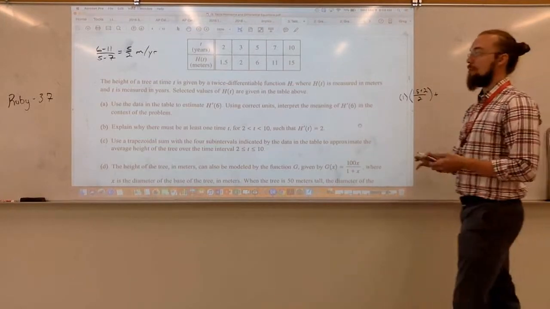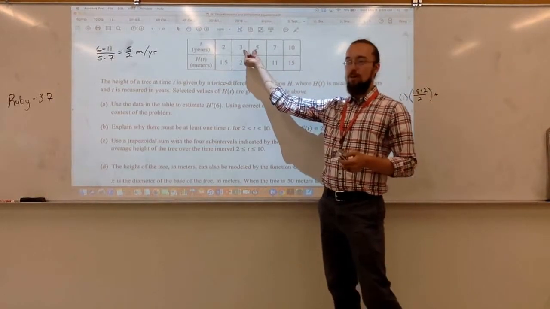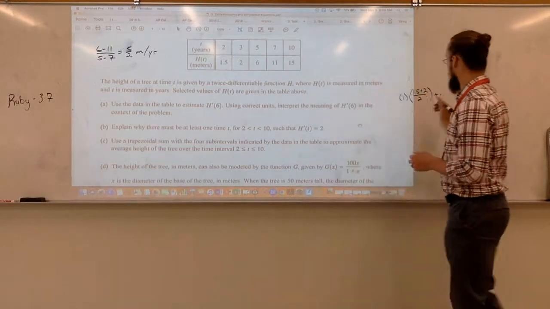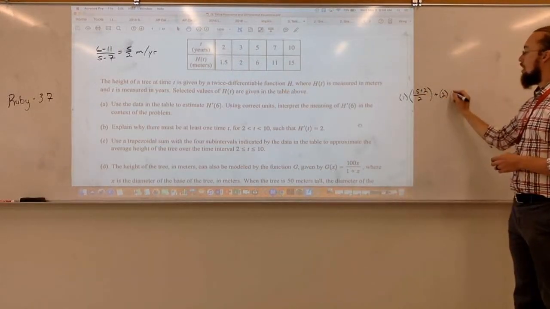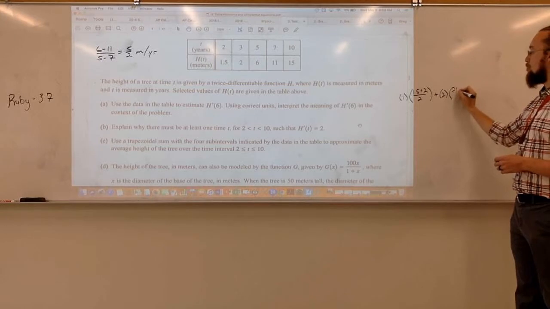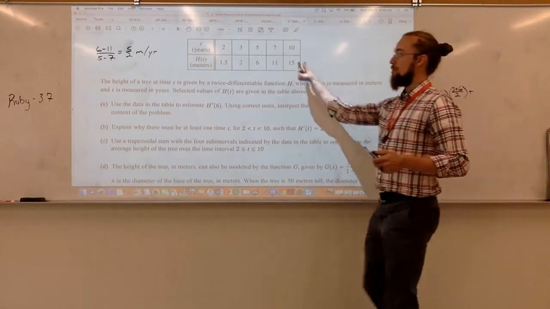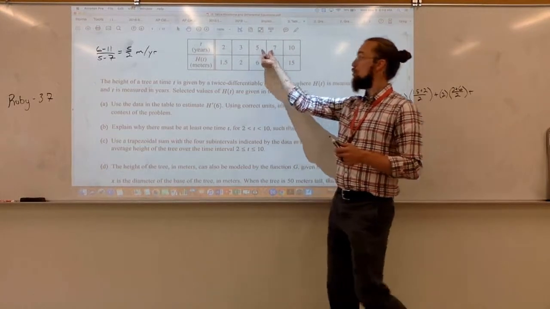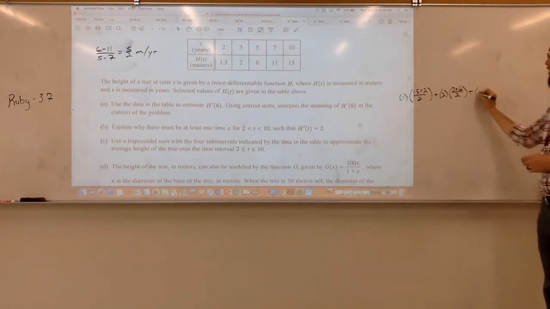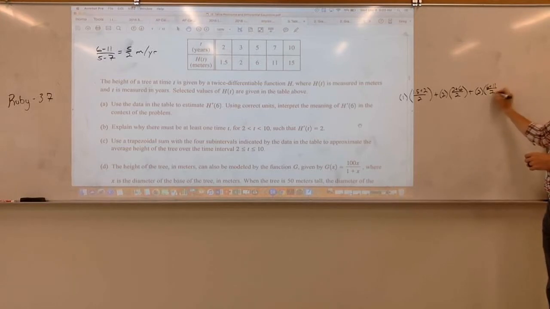Then my second trapezoid would have a height of 2, the difference between 3 and 5, and its bases are 2 and 6. Then my next trapezoid would have a height of 2, and my bases are 6 and 11.